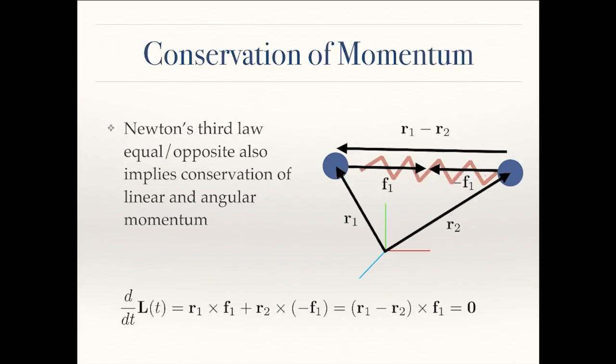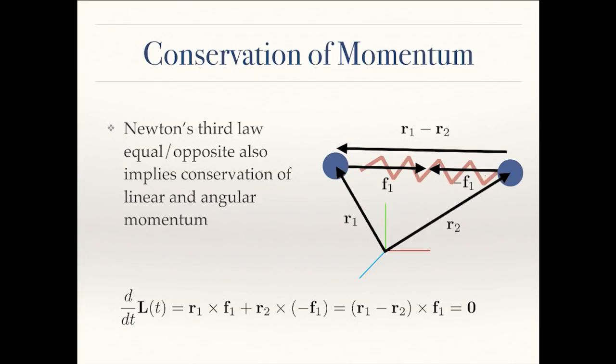And very similarly, Newton's third law gives us conservation of angular momentum. So here, L represents the angular momentum, and these two particles are interacting as before. Now, the angular momentum is this moment, or this R cross F. That's the angular momentum associated with the force F1, R1 cross F1.